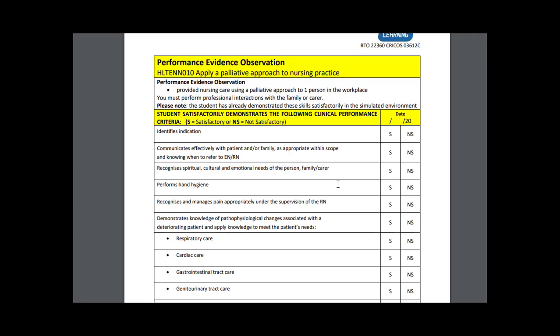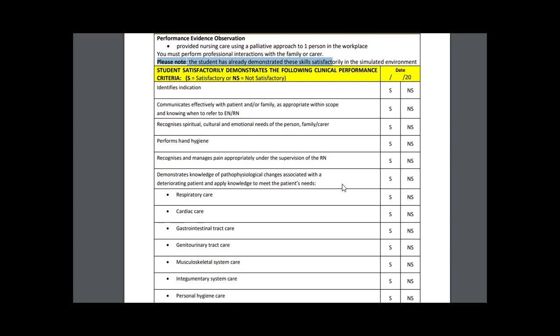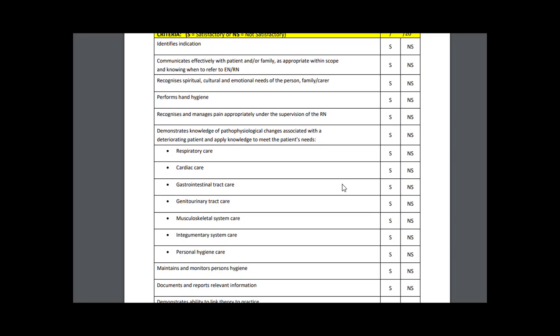Here we have the palliative care checklist. And so using a palliative approach to care for a person in the workplace. So it's thinking about their spiritual, emotional, cultural needs, liaising with the registered nurse to make sure that you're meeting the requirements for the person, such as understanding the pathological changes, care that they require for their condition.